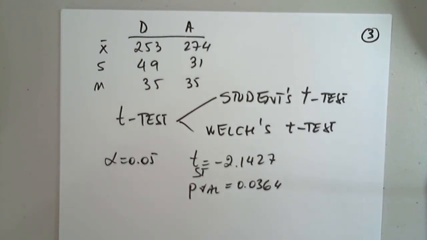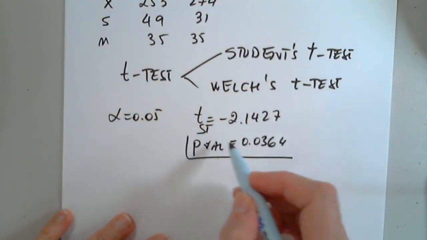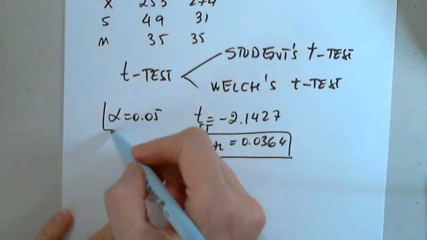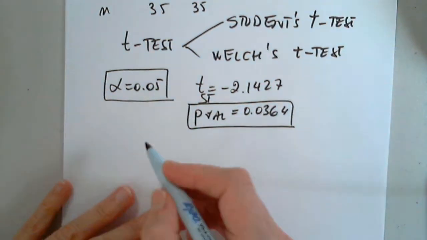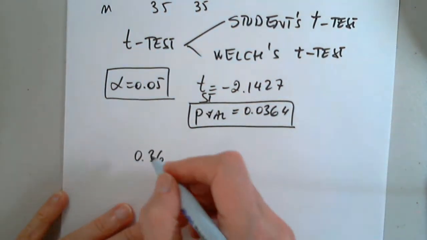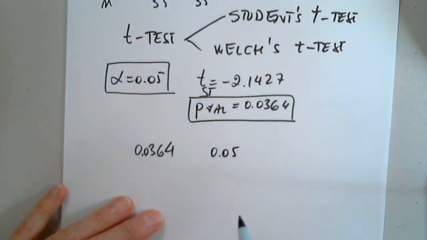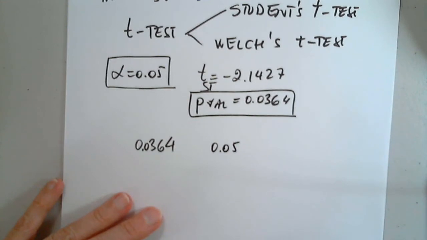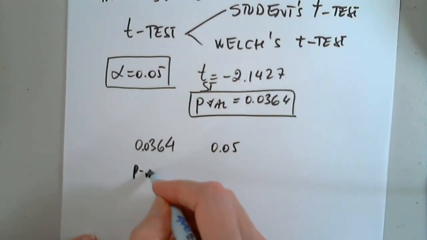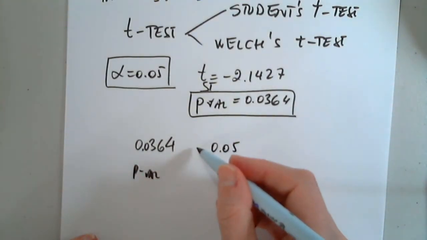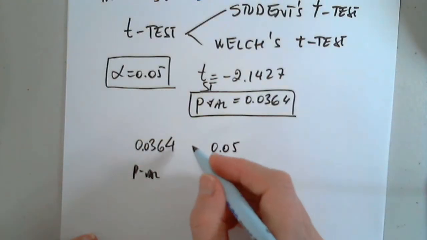Okay, what do we conclude? So let me stop sharing for 1 second. This is the p-value, and this is alpha. 0.0364 versus 0.05. Which one is bigger? 0.05 is bigger.